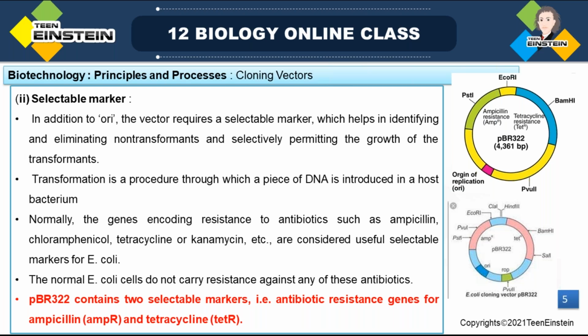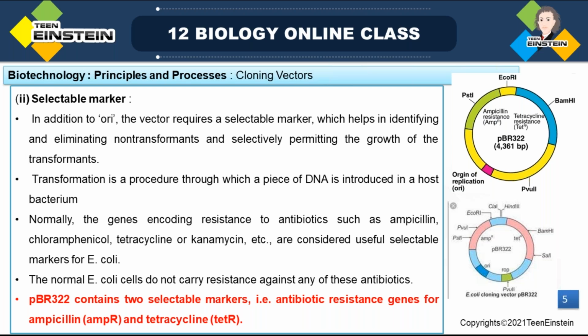So how are these selectable markers working, or what is the role of a selectable marker? They help for the selection, or they mark the recombinant ones.